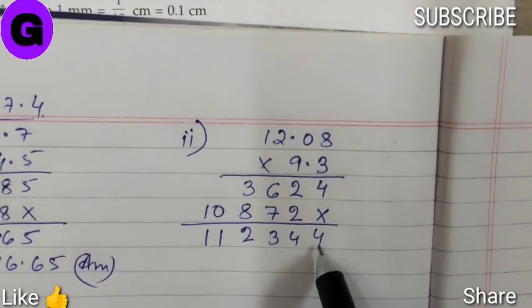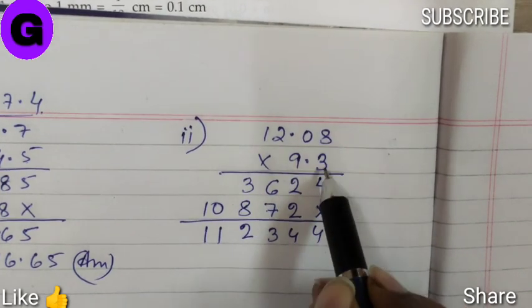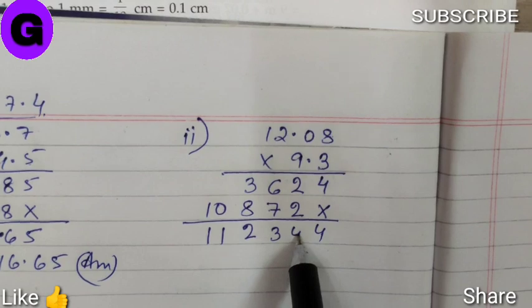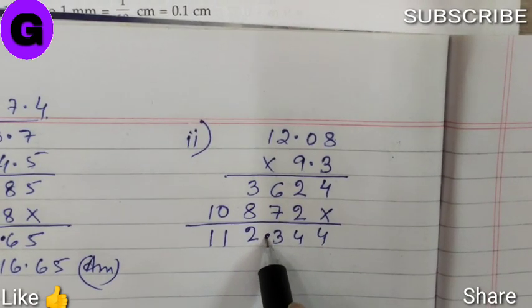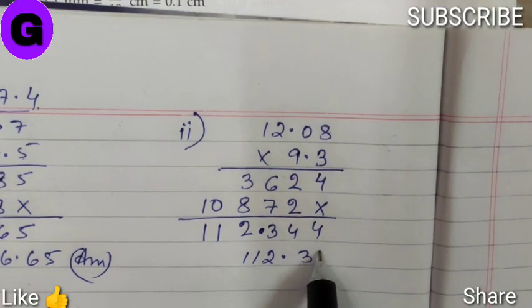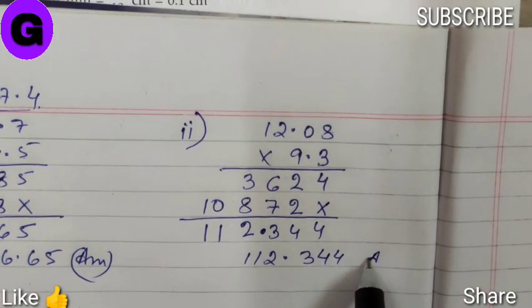Now how are we going to place the decimal? We are going to count the number of places here. 1, 2, 3. 1, 2, 3. So we will place the decimal here. So the final answer is 112.344.